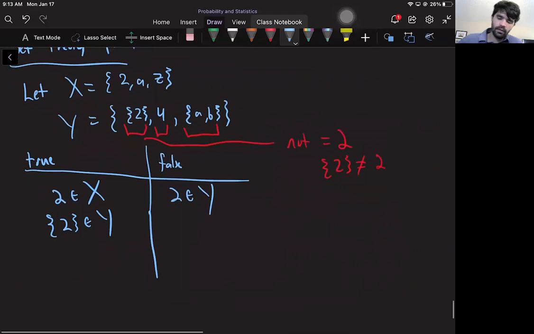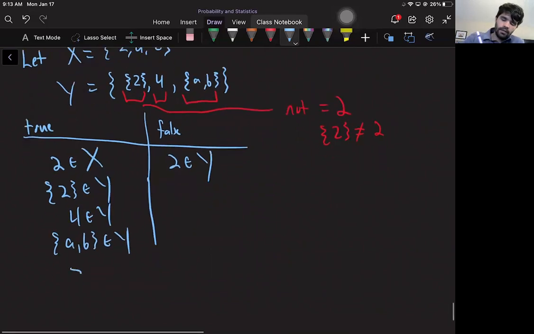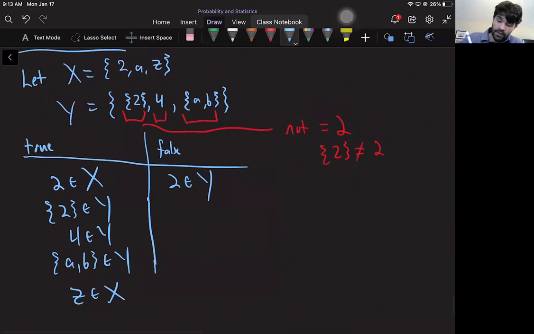So what else? Let's see. I could write that 4 is in Y. I could write the set consisting of A, B. That's in Y. I could write Z is in X. That's fine too. So what about subset notation?